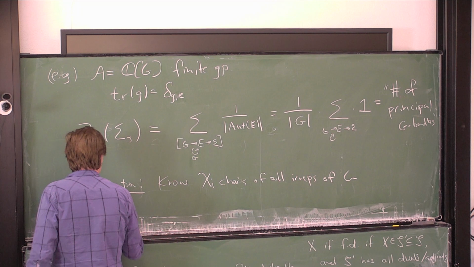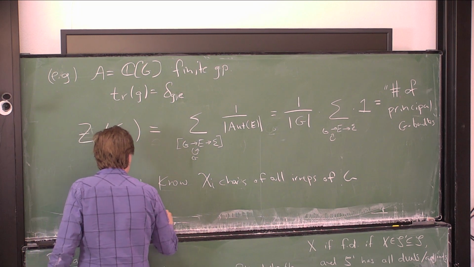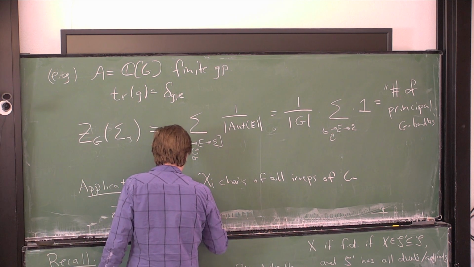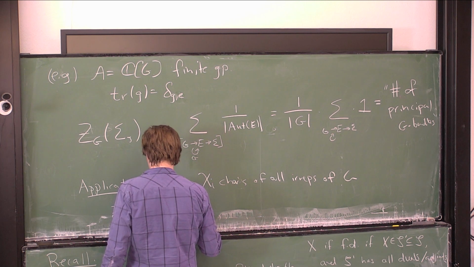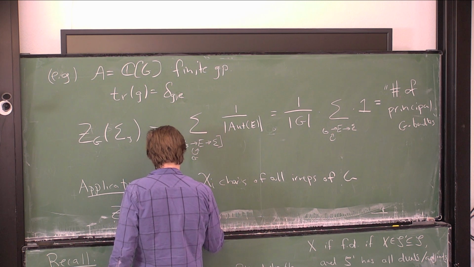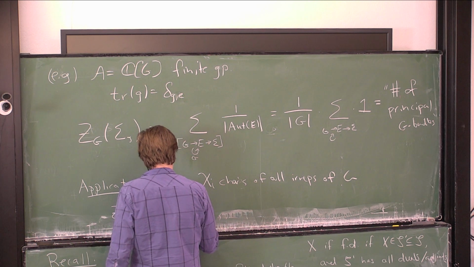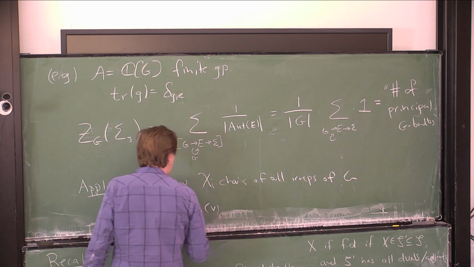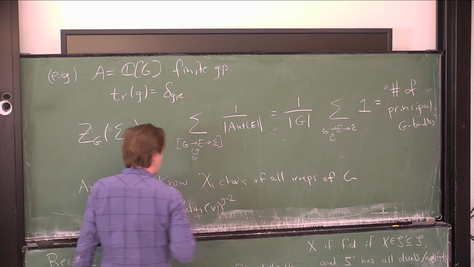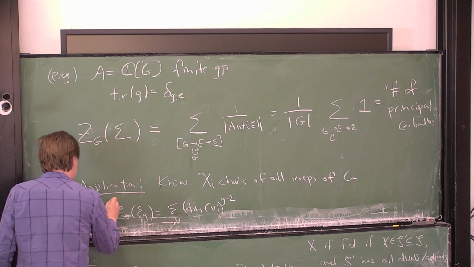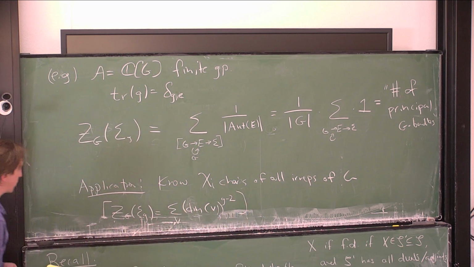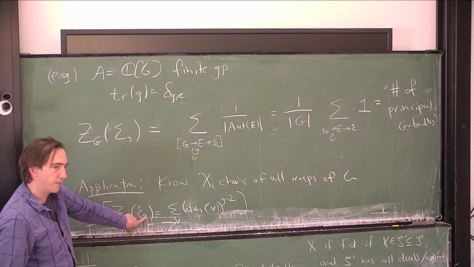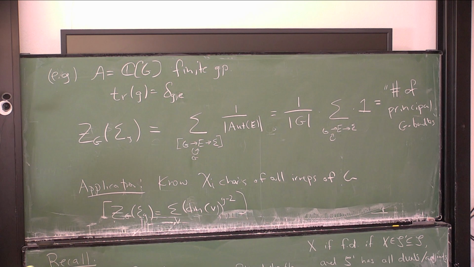I think it's something like Z_G of sigma_g is the sum over all the irreducible representations of the dimension of the irreducible raised to the g minus 2, if I haven't messed that up. So forget that I said characters. There's another formula involving characters. I might have got this wrong. But the point is that now because of all this TFT stuff, you get a uniform formula in G, which is very lovely. Okay.